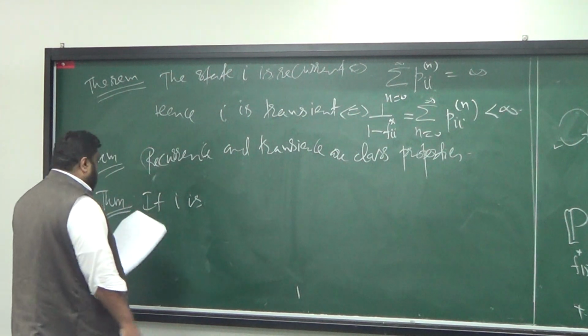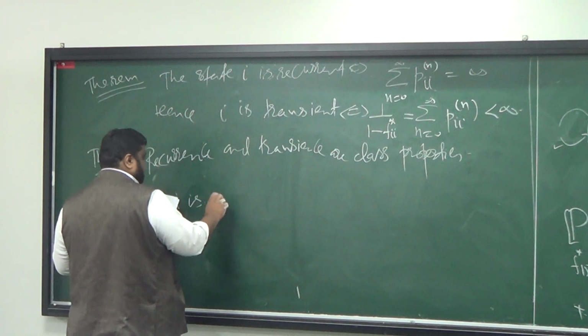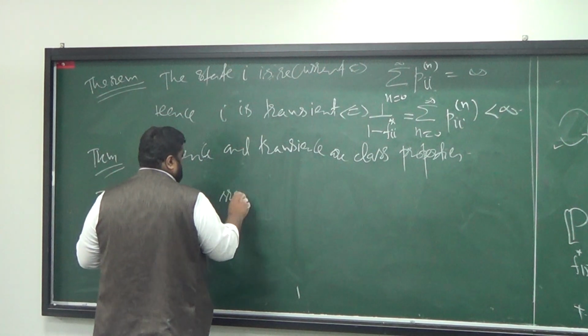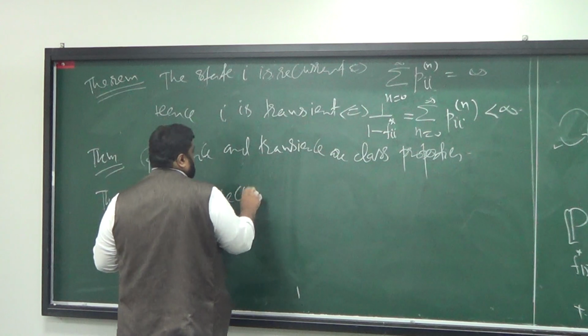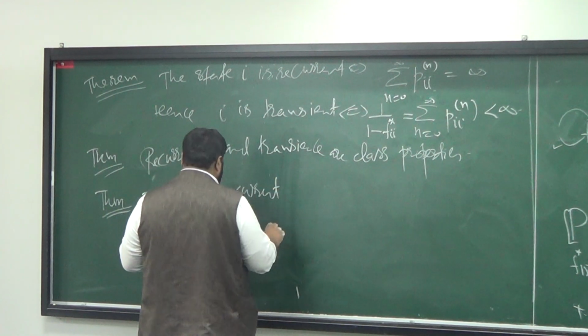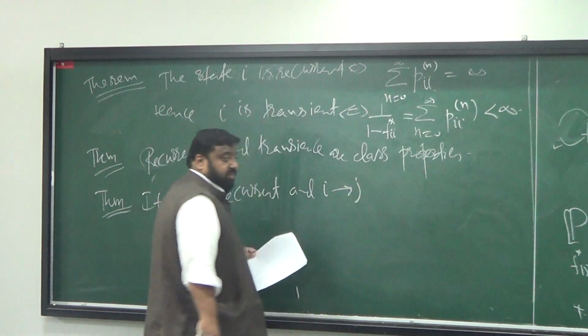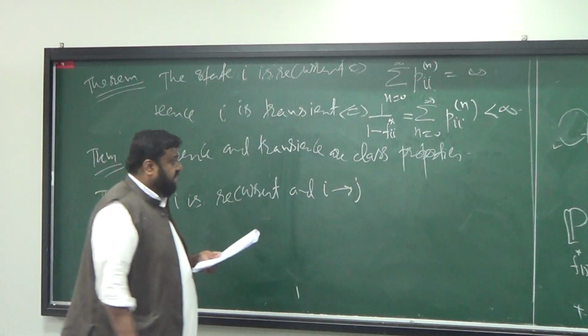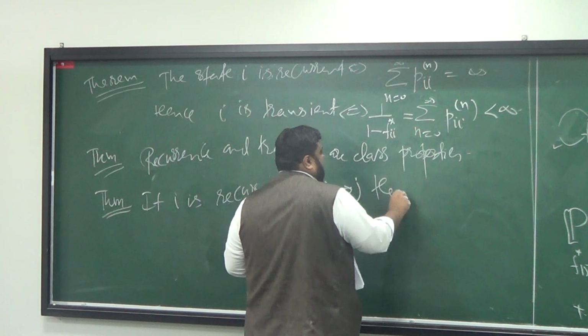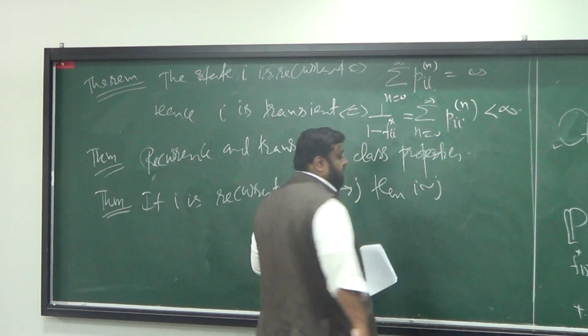So imagine I have a recurrent state I, and I leads to J. Okay. Then I and J would intercommunicate.